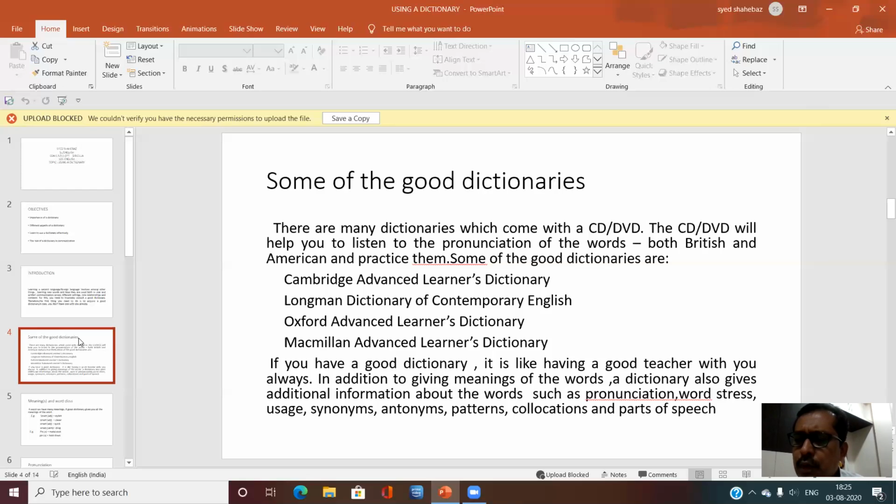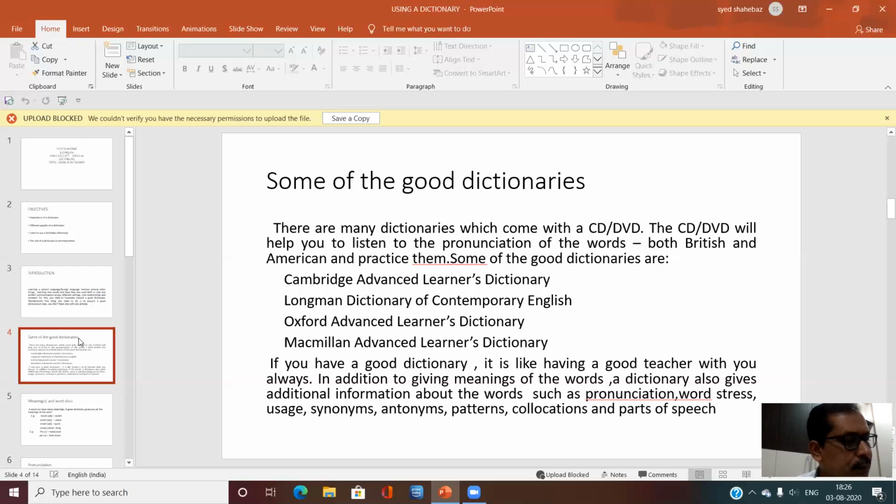There is a standard pronunciation of every word. The pronunciation is received pronunciation. That received pronunciation, standard pronunciation, is provided in the dictionary in the form of phonetic symbols. So if you want to learn the correct pronunciation, you should have the knowledge of phonetic symbols, the symbols of vowels, the symbols of consonants, the symbols of diphthongs.